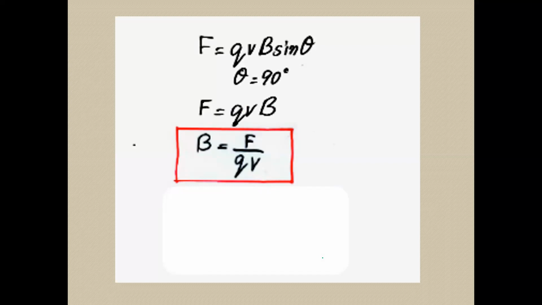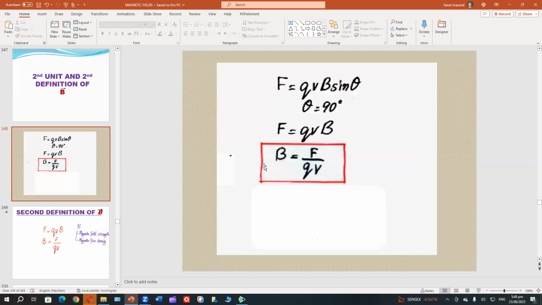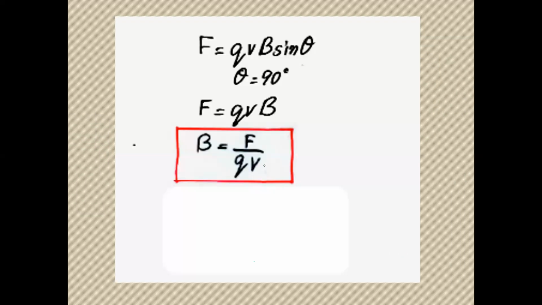First, I have taken theta is equal to 90. Sine 90 is 1. So I have used that sine 90 and I got a new formula for B. Theoretically, this is the third formula for B. You have to copy this.